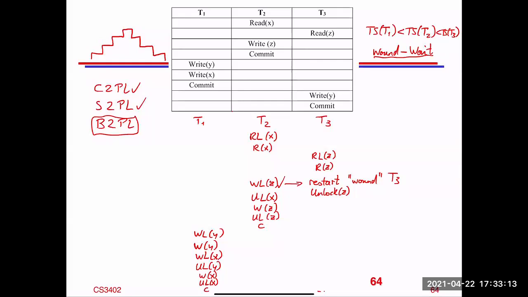Okay, and at some point down here, I will actually restart T3. So I'm just going to have all the operations for T3, which are now very simple because no one else is interfering with T3. Okay, any questions about this?